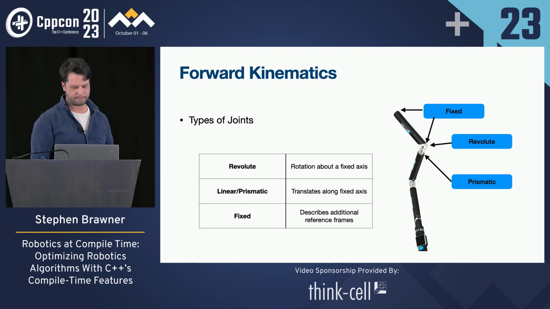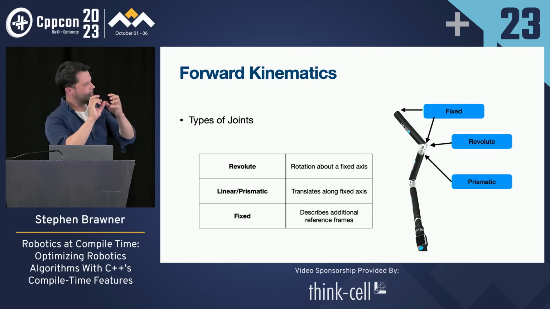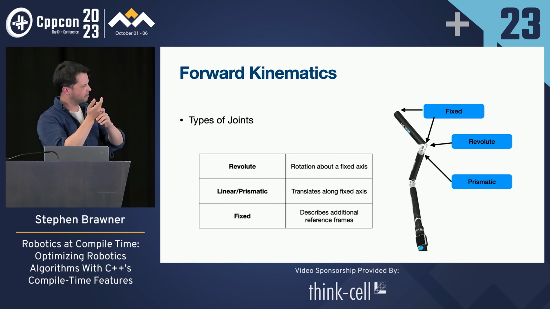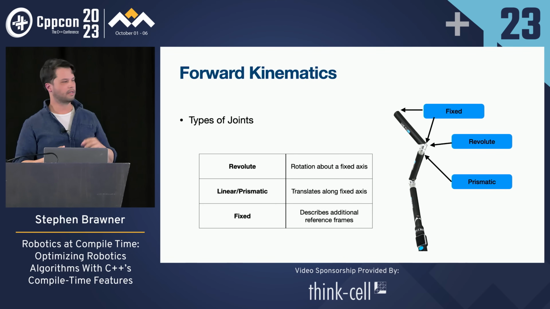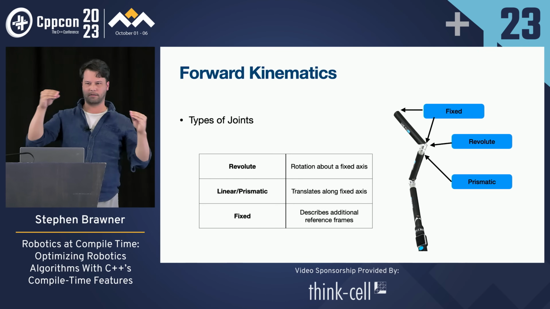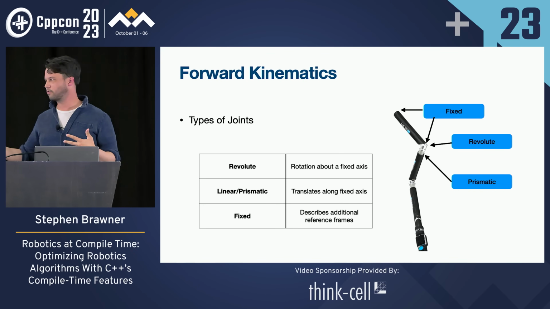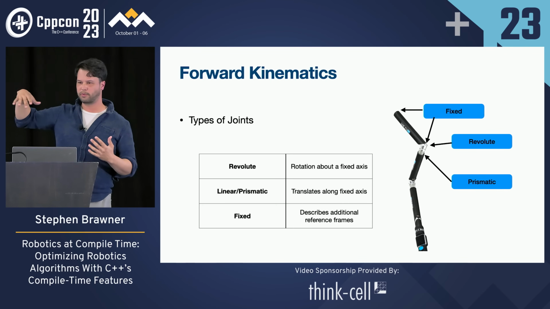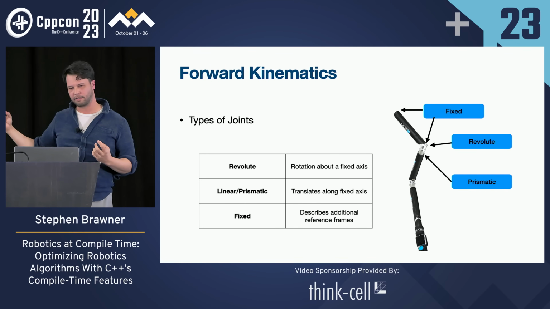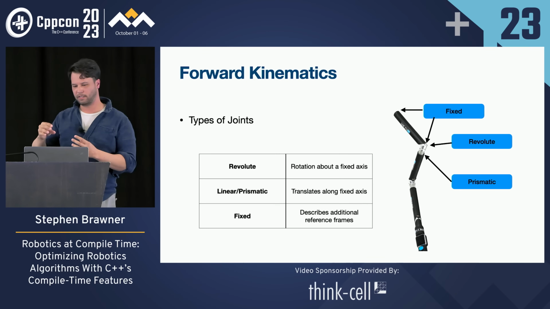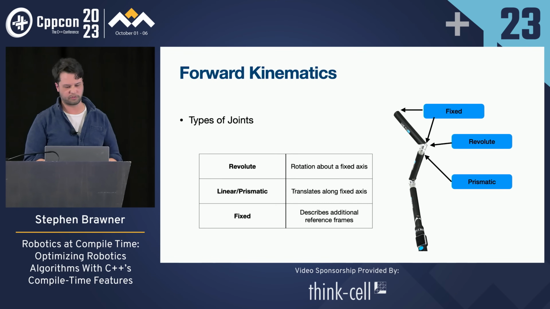There are several different types of joints. There's a revolute joint in our robot where it'll spin around an axis. There are linear prismatic joints, not exactly easy to see here, but they'll move in a linear path. And then we also often use a fixed joint to describe transforms between, say, the camera on the end of the robot and the position relative to another joint.